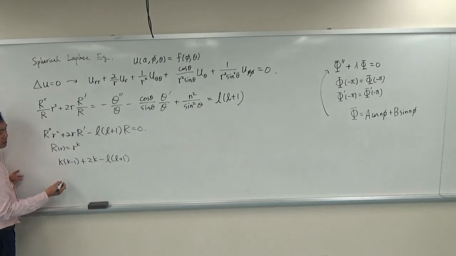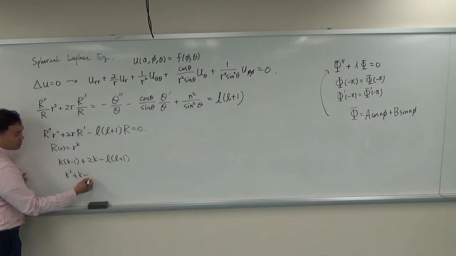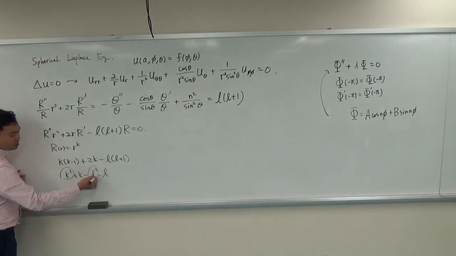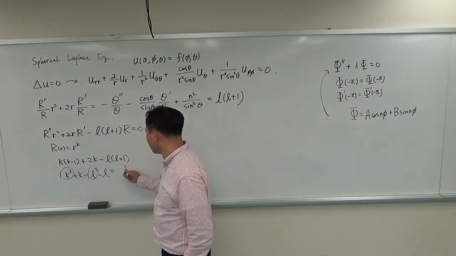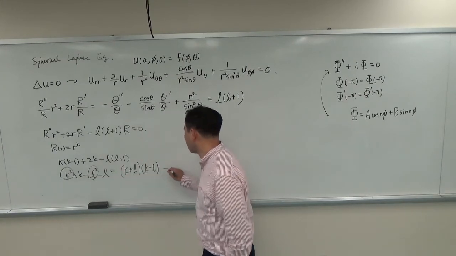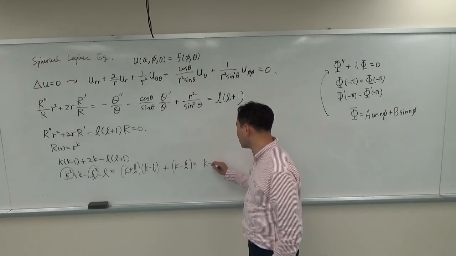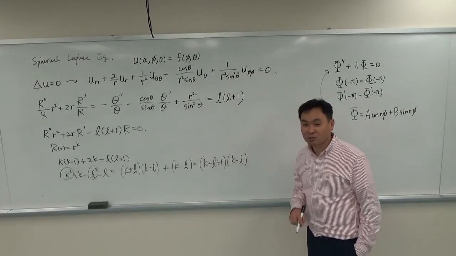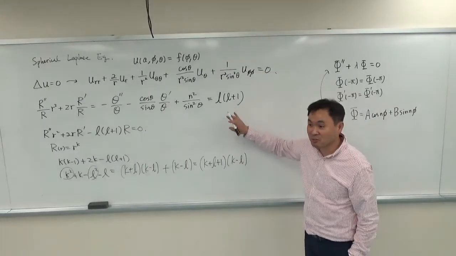And this one magically can be factored, because k squared plus k minus L squared minus L is what you get. You can take these two and do difference of squares, so it's (k plus L)(k minus L), and then there's another k minus L. These two are the same, so if you factor that out, you get (k plus L plus 1)(k minus L). So magically, any constant can be written as this for some L, right?